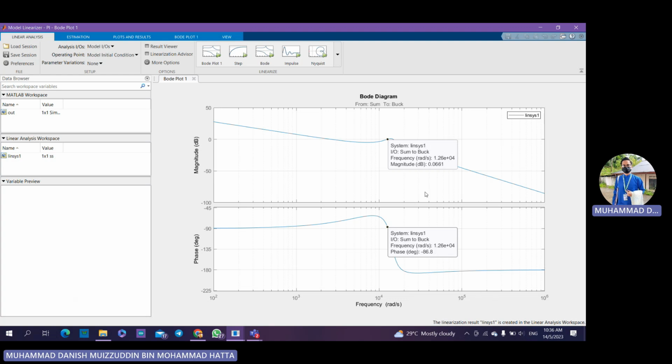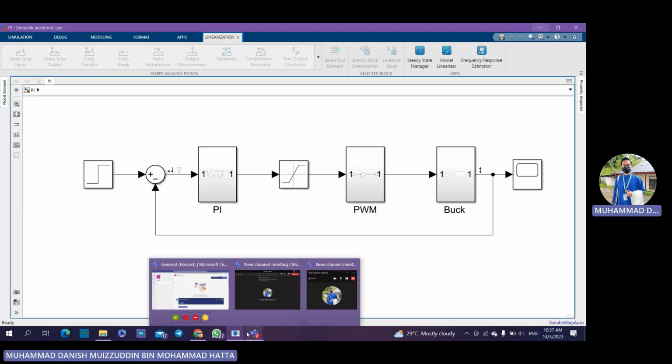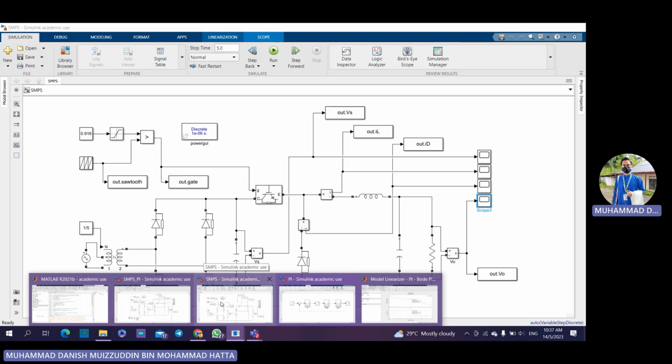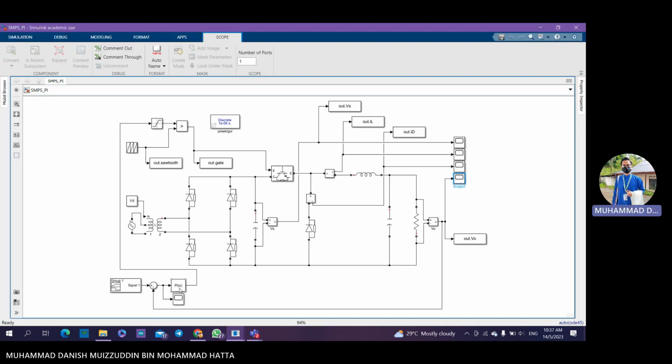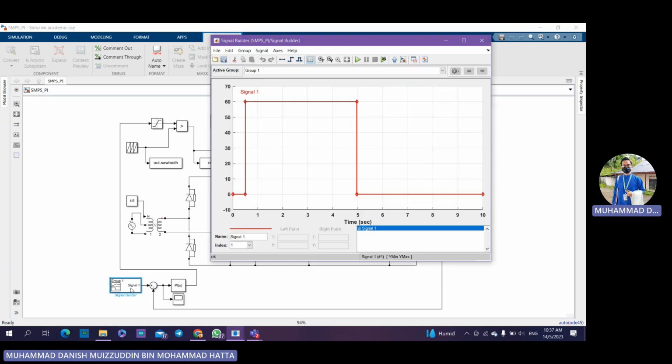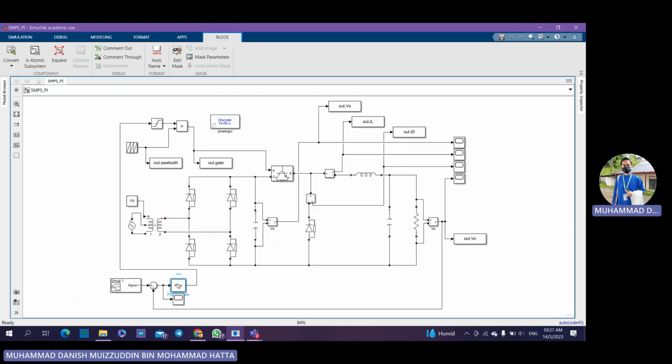So after many tries of changing the values of Ki and Kp, we get this stable plot, and then we use the values of Ki and Kp from this plot diagram in the PI controller.